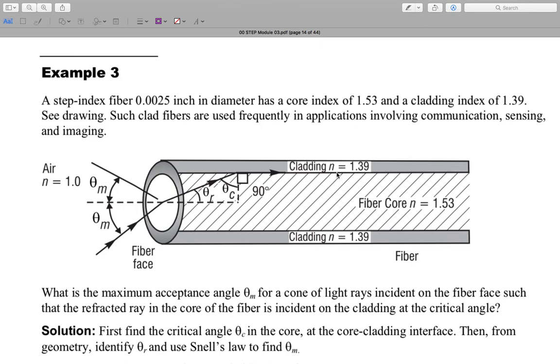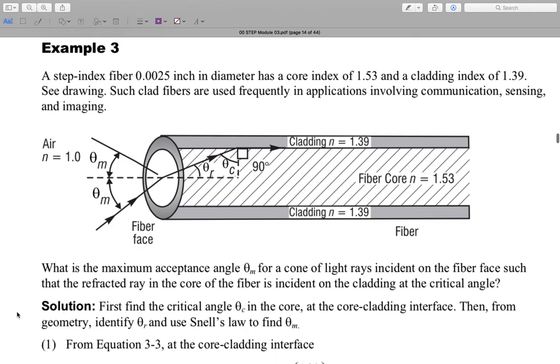This is the cladding with index of refraction 1.39 and the fiber core 1.53. What is the maximum acceptance angle theta m for the cone of light rays incident on the fiber face such that the refracted ray in the core of the fiber is incident on the cladding at the critical angle?